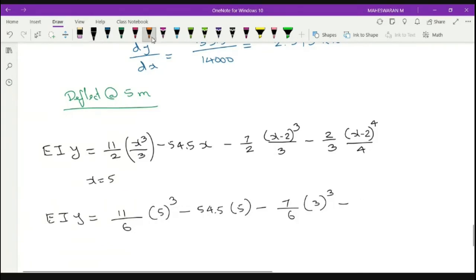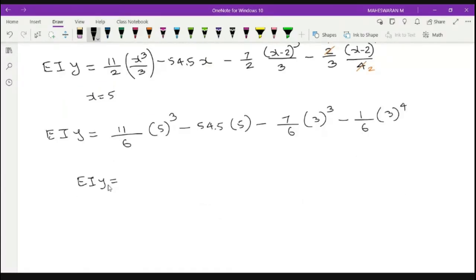I think I can cancel this. So this is 1, this is 2, so this is 1 by 6, into (x minus 2), sorry, into 3 power 4. So what is EIy? Minus 88.33. So EIy is minus 88.33.